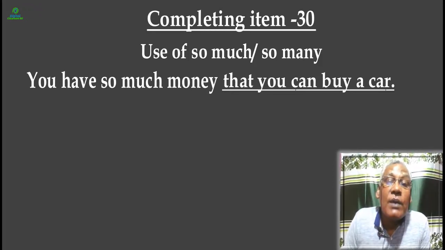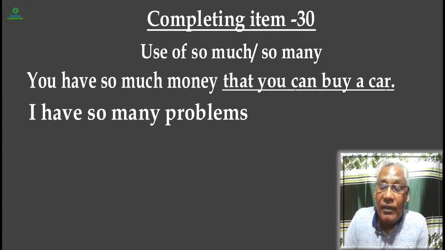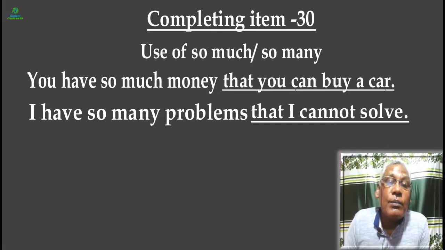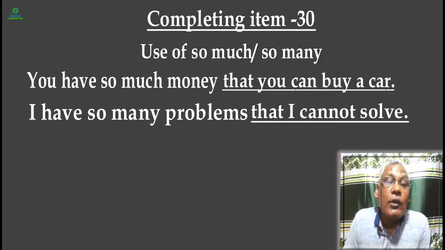I have so many problems that I can't solve. Have you noticed? Money is uncountable noun. That is why much has been used before money. And problems is countable noun. That is why many has been used before problems. Okay. So please keep it in memory.